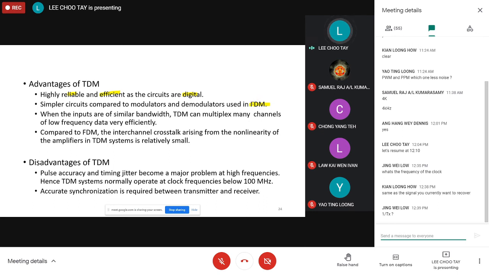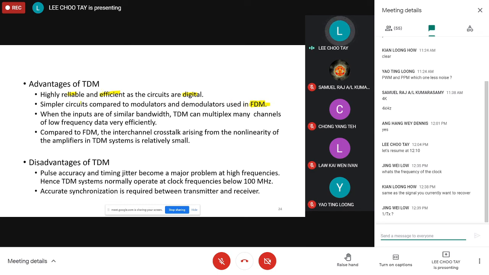So as far as FDM is concerned, you need many carrier frequency components, and you need many mixers, or multipliers, in order to bring every signal to different carrier frequency before you combine them.